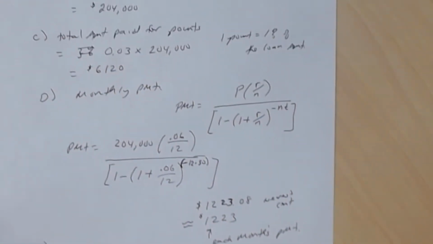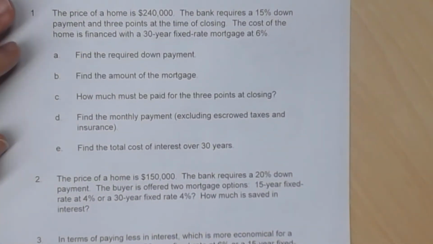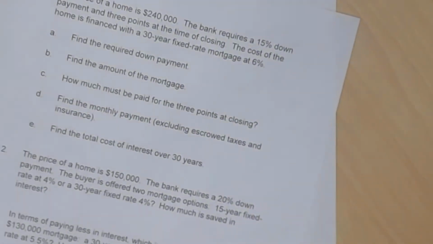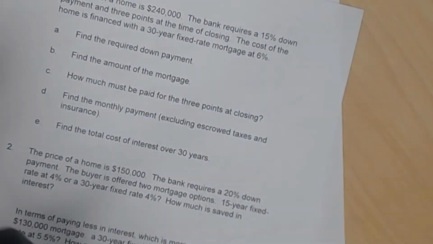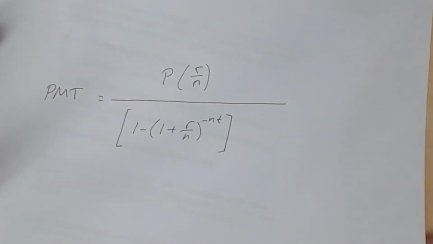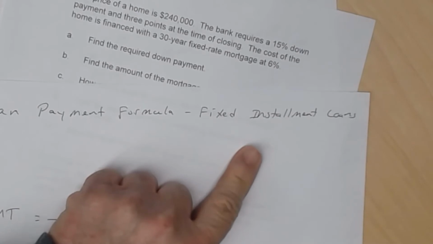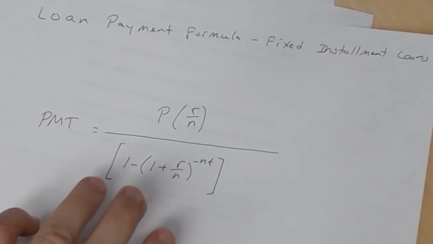All right, so that was number one. So number one dealt with this formula we talked about right here. We also used that formula when we talked about cars because it was a fixed installment loan. So is a mortgage. Okay?